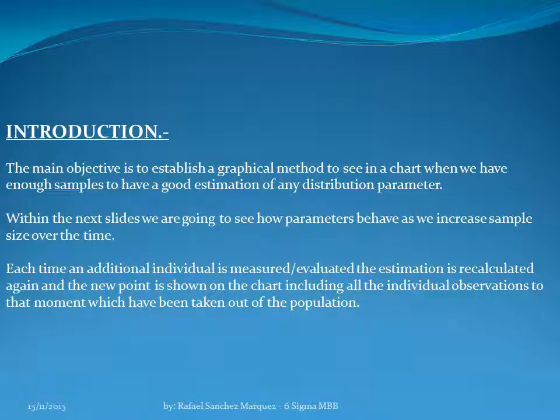This would give us a very rough estimation, and of course we won't ever know exactly when to stop taking more samples. This graphical method would tell us when we have a quite good estimation and when we can stop taking more measurements.